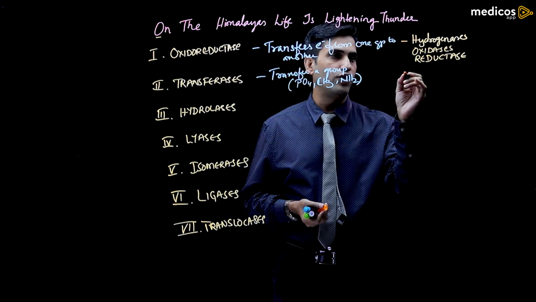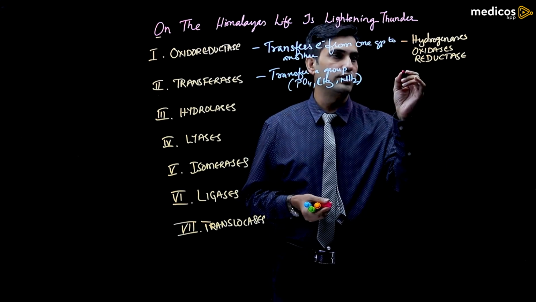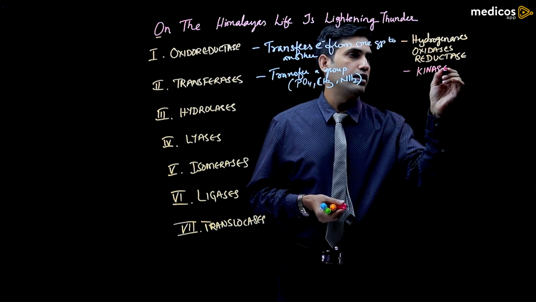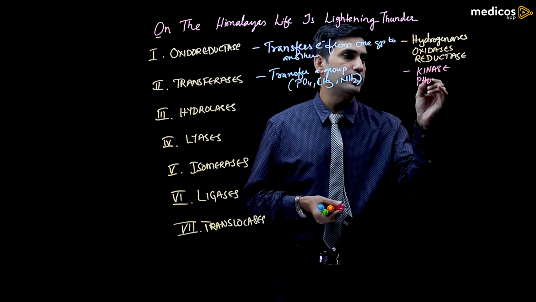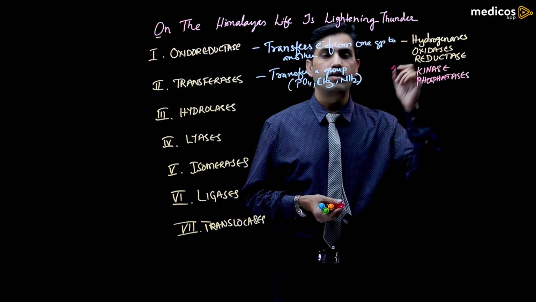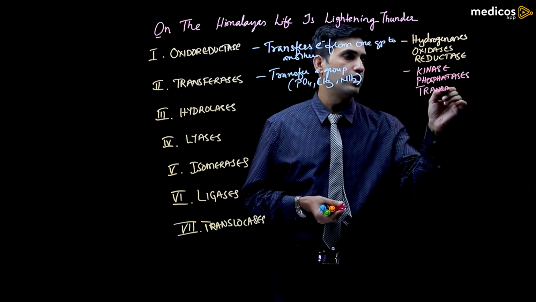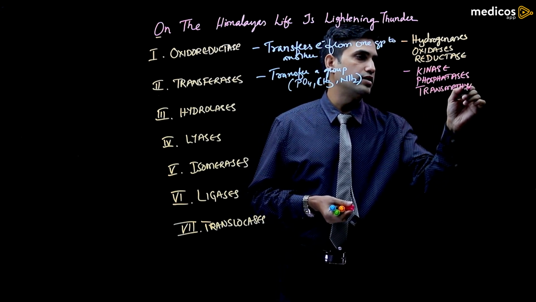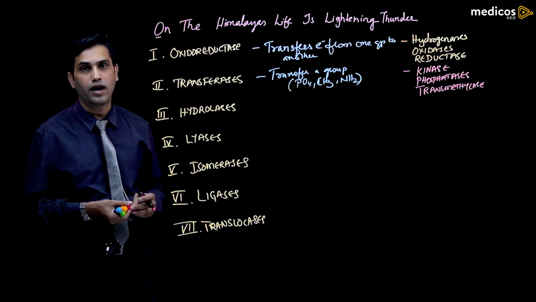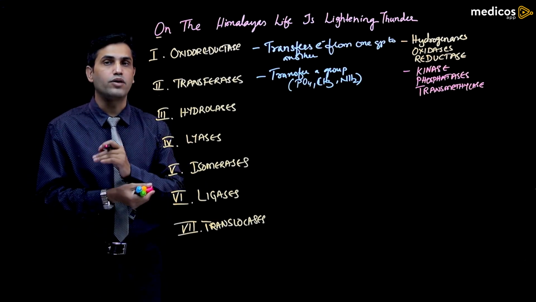So the examples for these are kinases, phosphatases. Next, transmethylases. Transmethylases always work with S-adenosyl methionine. Remember, active methionine and active sulfate. Active methionine is S-adenosyl methionine. It is the methyl donor of the body.